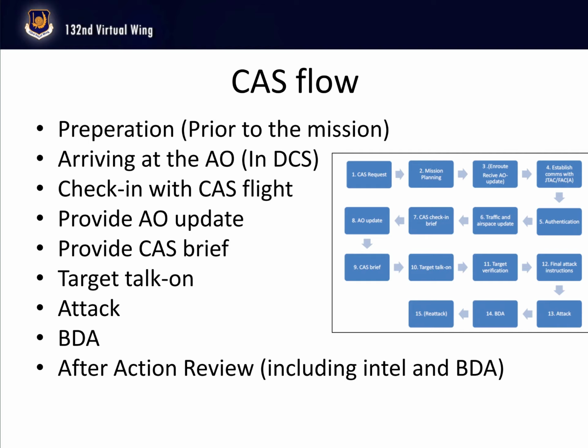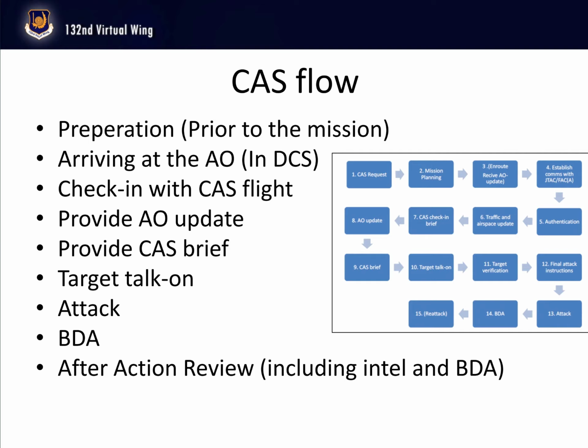But sometimes the CAS operation is unplanned. It's a haste one. For example, if friendly forces are under attack, and now the ground force commander urgently requests air support to help him, there's no time to plan. All the planning and coordination is done on the fly.